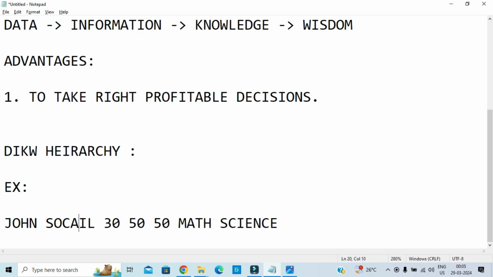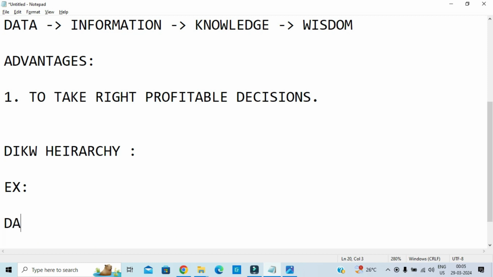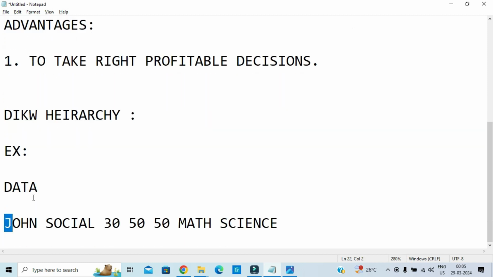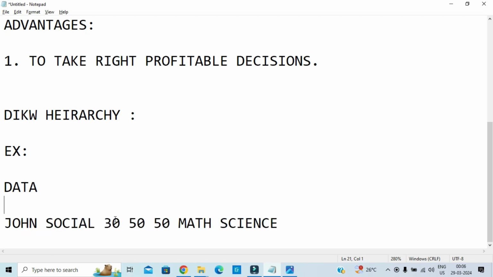Okay, so this is the data that I have. This is known as data. This is the first example of data that I have.